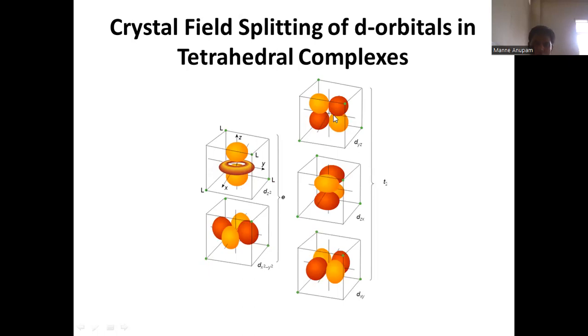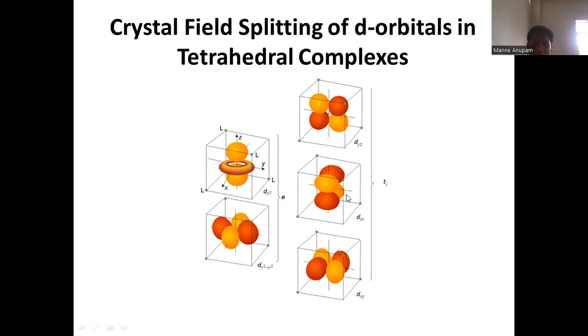Now on the right hand side, this is the dyz orbital. It is present in between the y and z axes. This is the z axis and this is the y axis. That's why it is called the dyz orbital.